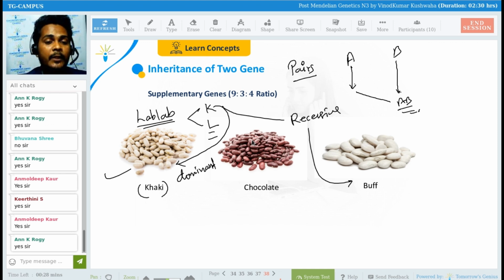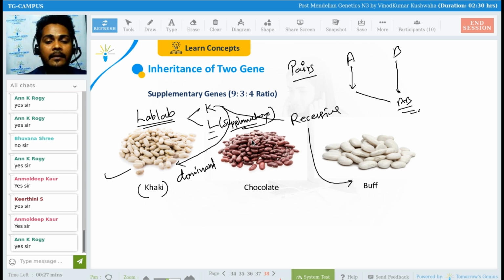But in the dominant state of the supplementary gene, and that supplementary gene I just consider as L, this supplementary gene changes the effect of the dominant allele of the pigmentation-forming gene K into a chocolate color.